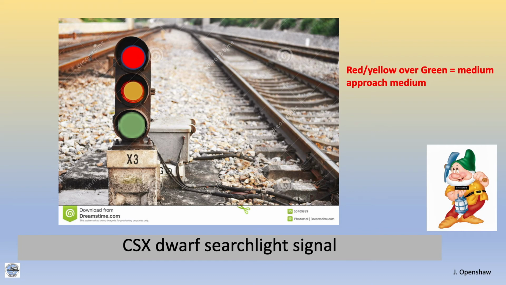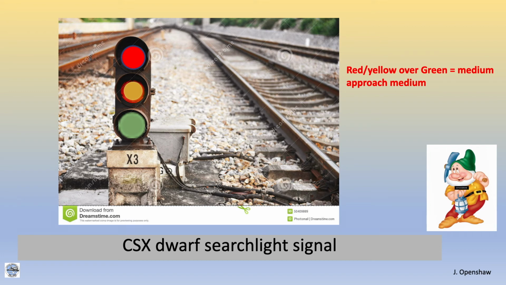But if you get an approach medium, it's approach the next signal not exceeding that speed until your train all comes out of the siding. Your train has to be fully out of the siding before you open it up.